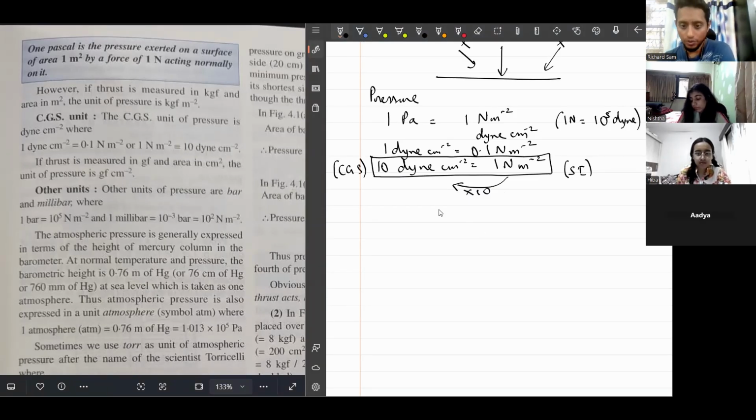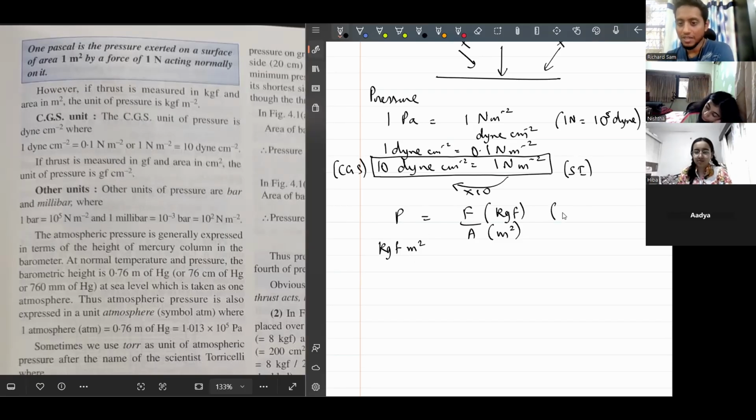You can also have another unit. We know the formula for pressure, which is force upon area. So if force is taken sometimes in kgf, then area will be in meter square. So the unit of pressure would be kgf per meter square. Again, not a standard unit, but that's a unit.